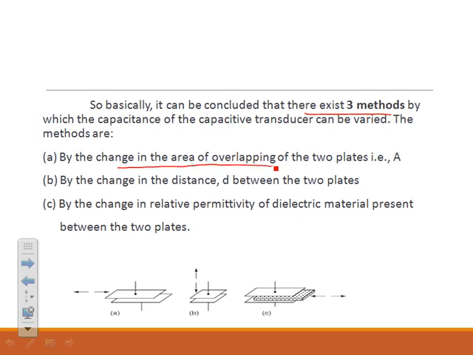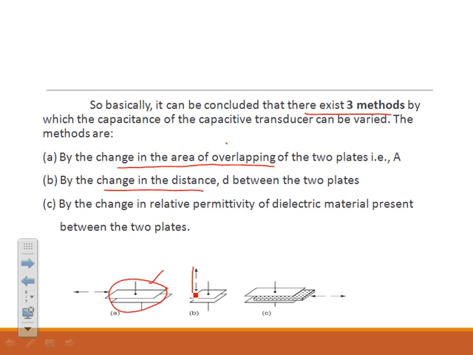The term overlapping is used because from this figure we can see how much area the plates overlap each other. Second, by changing the distance between the two plates, as the arrow mark shows; by changing the distance, capacitance varies.